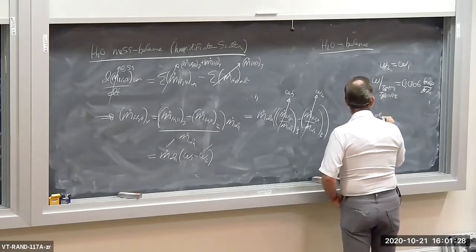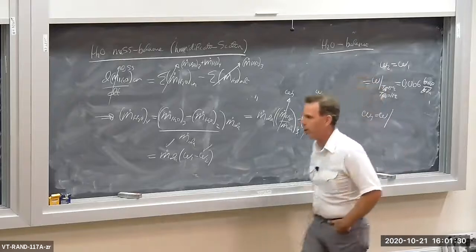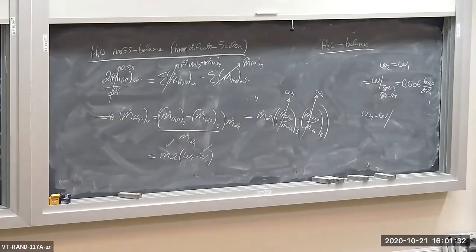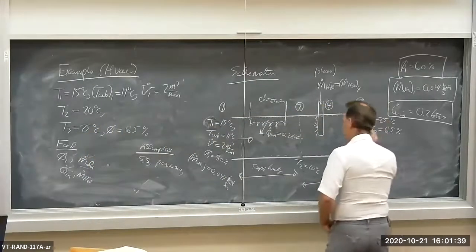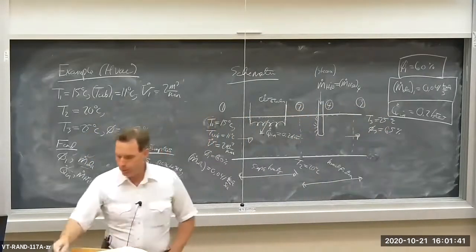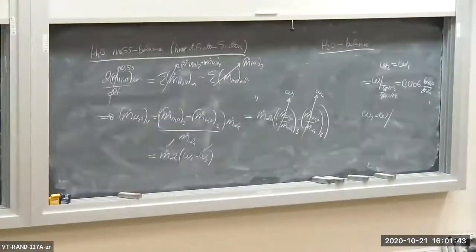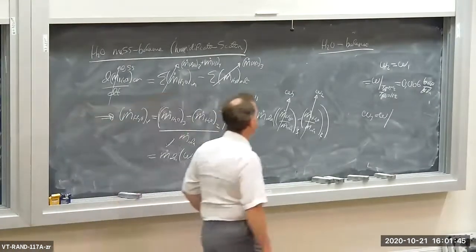What do I know about the outlet? I know a relative humidity and I know a temperature: 25 degrees C and 65%. Two properties, in theory, I should be able to get omega at the outlet.